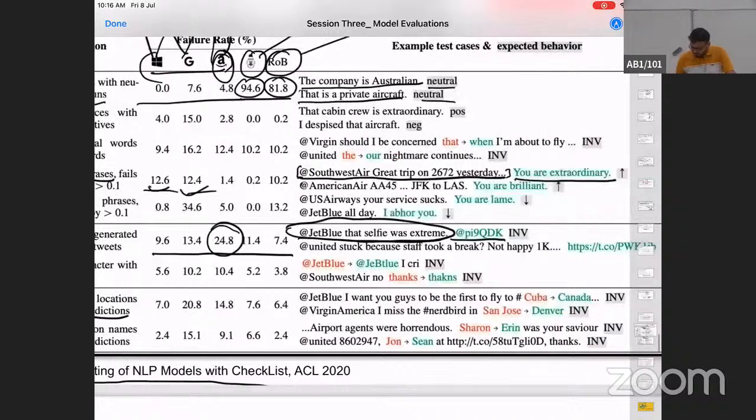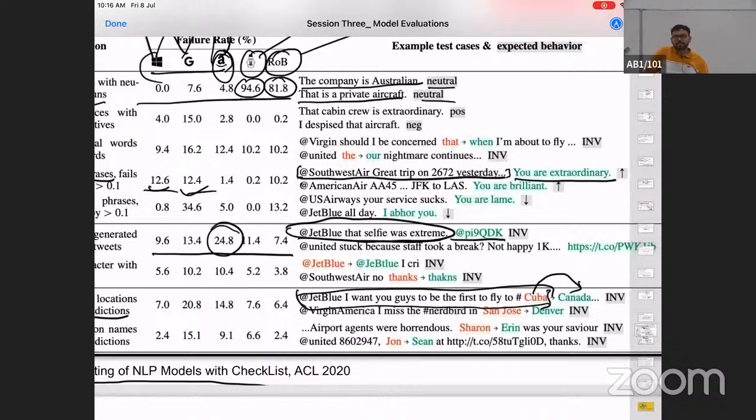For example, my original review was this: JetBlue, I want you guys to be first to fly to Cuba. What I have done is replace the word Cuba with the word Canada.